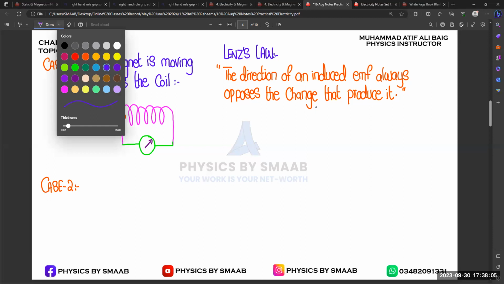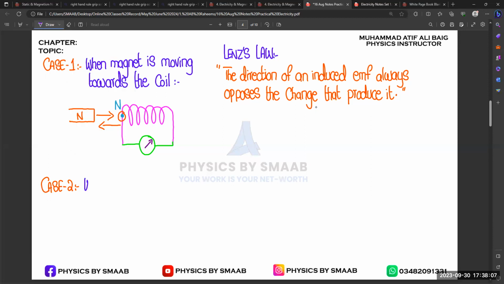so in the second case, when the magnet is moving away from the coil, your north pole is actually moving away now.